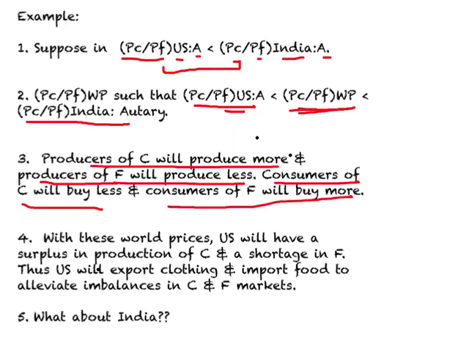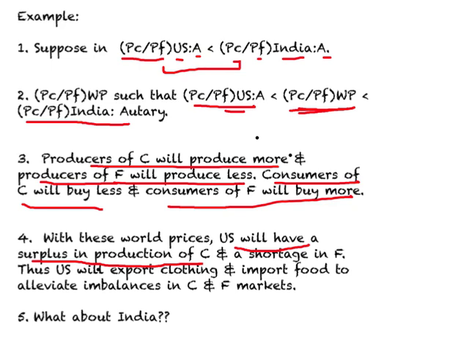So producers of clothing are producing more and consumers of clothing in the US are buying less. So what will happen? The US will have a surplus in production of clothing. Now whatever happens in the clothing sector in the US, exactly the opposite will happen with respect to food. Because the relative price of food has fallen, production of food in the US will go down, but consumption of food will go up.